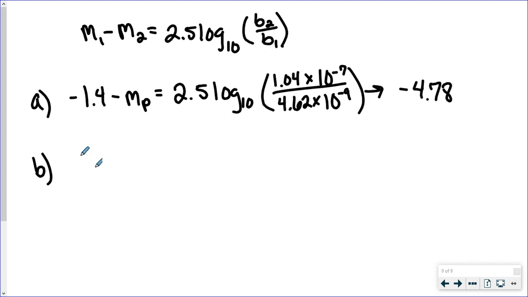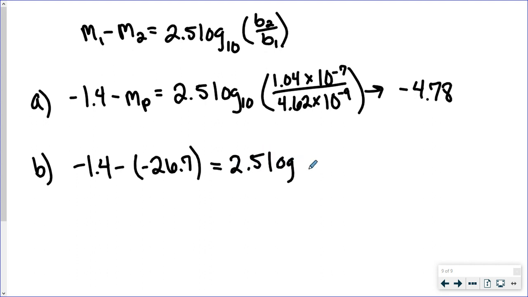So I would say negative 1.4 minus the magnitude of the sun, which is negative 26.7, is equal to 2.5 log of B2 over B1, which we know is 1.04 times 10 to the negative 7th.